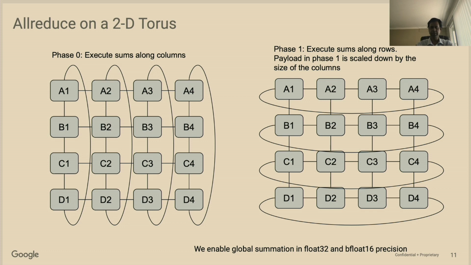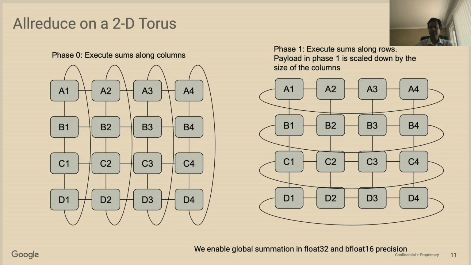In this case, we call it phase 1. And that'll reduce an even smaller shard of size 1 by n, where n is the total number of accelerators in the mesh or torus. This is followed by 2 phases of gather, where the summed shards are first gathered along the x dimension and then the y dimension.